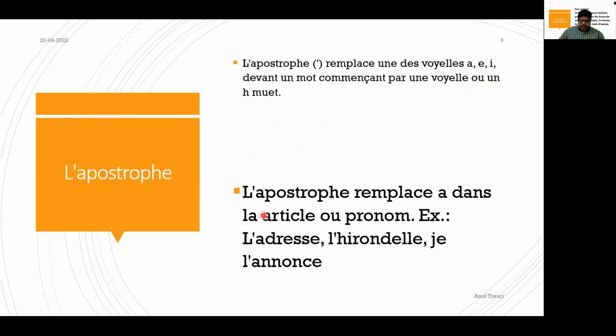So, as per the scientific norms of the language of French, the apostrophe replaces one vowel, mainly A, E, I, before a word. Examples: l'école, l'hôtel, je l'ai. These are the vowels before a word.